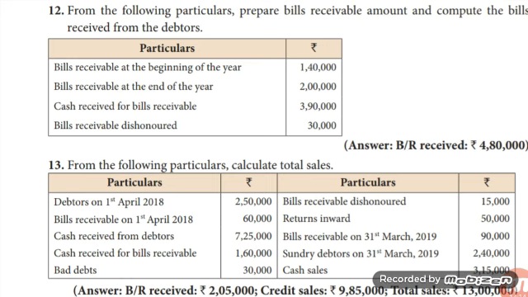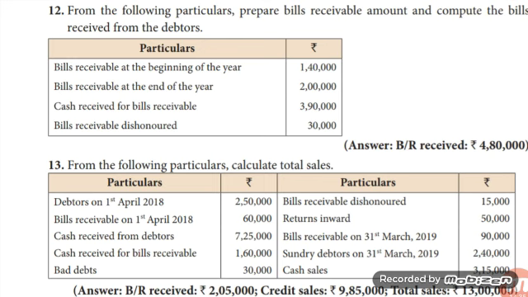Next, enter the closing balance of bills receivable as by balance carried down amount 90,000. While balancing the bills receivable account, you will get bills receivable received during the year. It is 2,05,000.